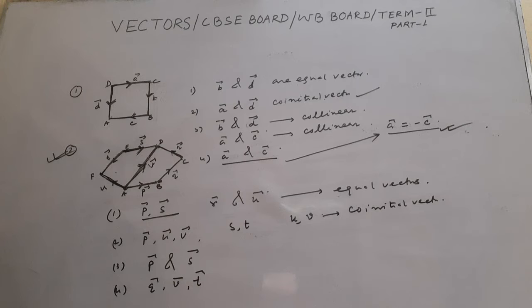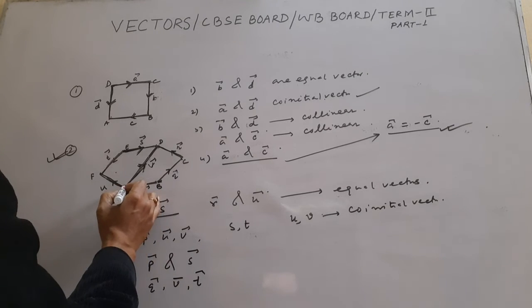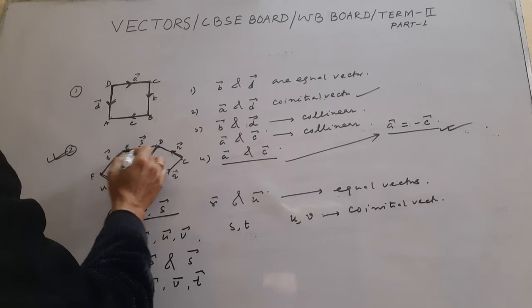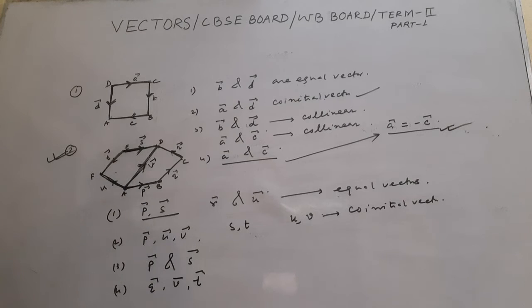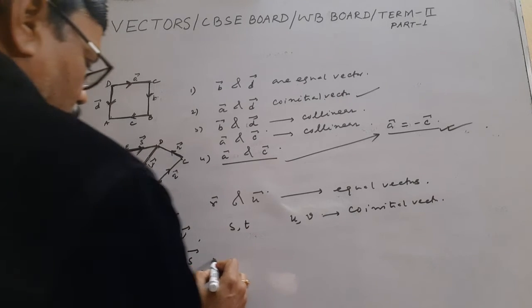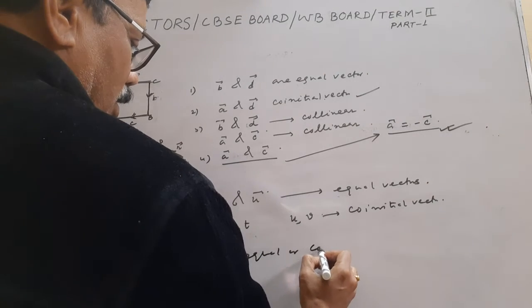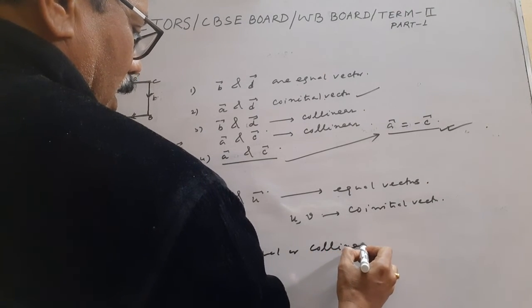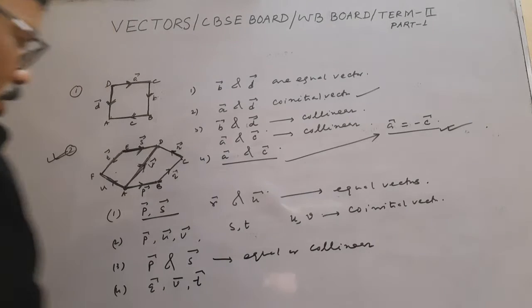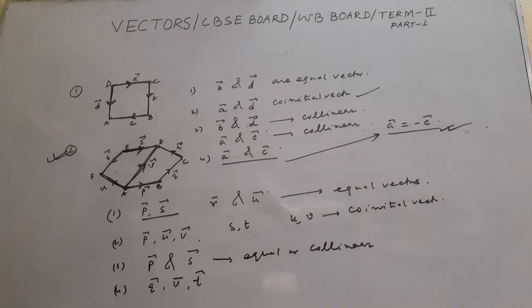Now, what is the relation between P and S? P, this one, and this one. I have already discussed it. They are equal, or you can also say collinear. Equal vectors or collinear vectors.